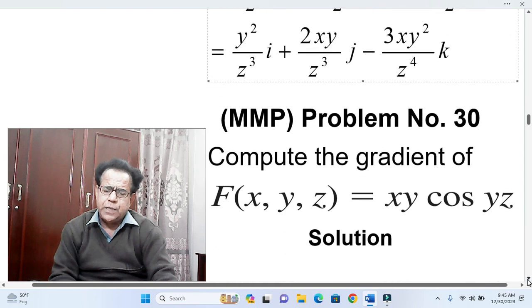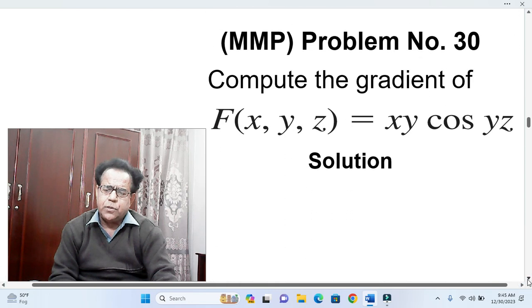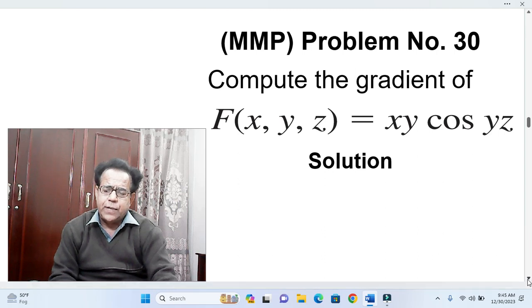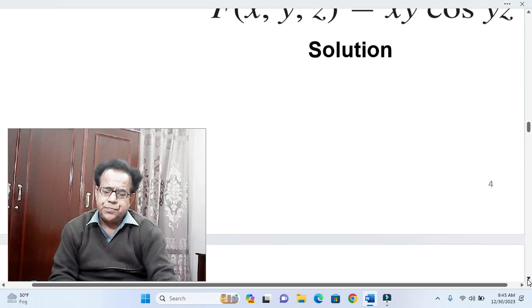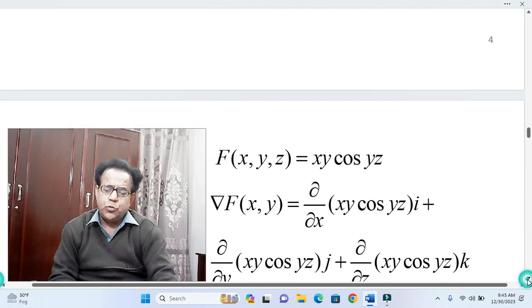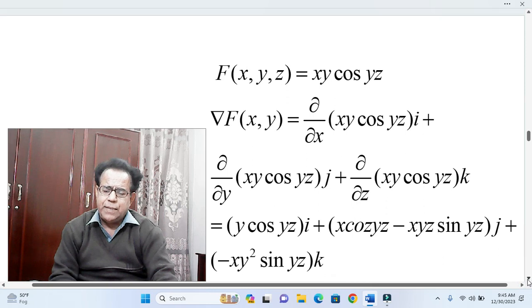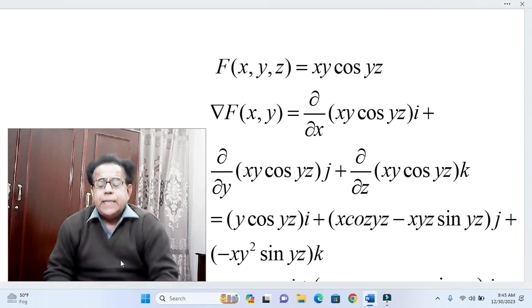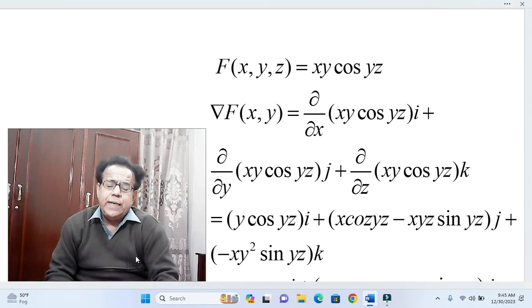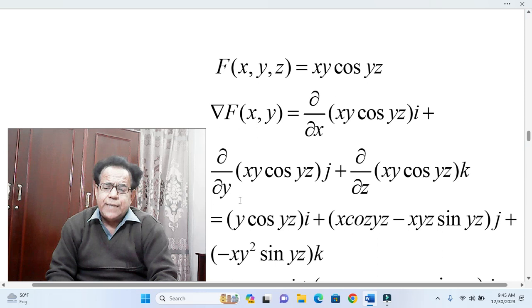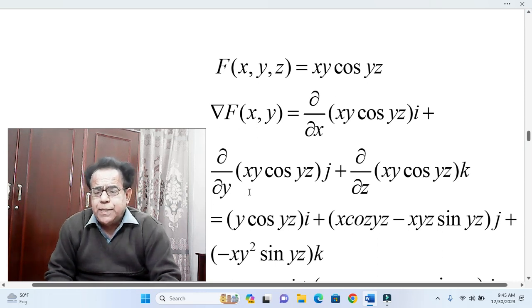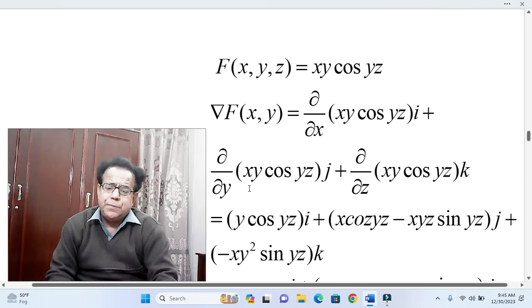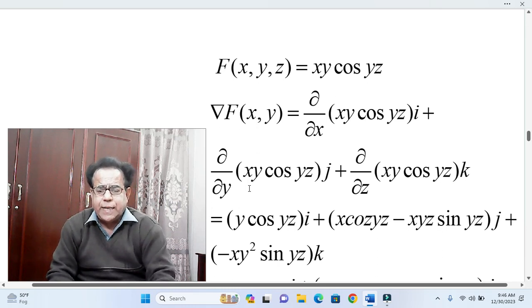Now mathematical methods in physics, problem number 30. Compute the gradient of f(x,y,z) equal to xy cos yz. Oh, sorry, the same mistake is going on. Actually, as I have told you, dear students, in such sets where 8 problems are being solved, one problem has been taken from the examples and the remaining problems have been taken from the exercise.